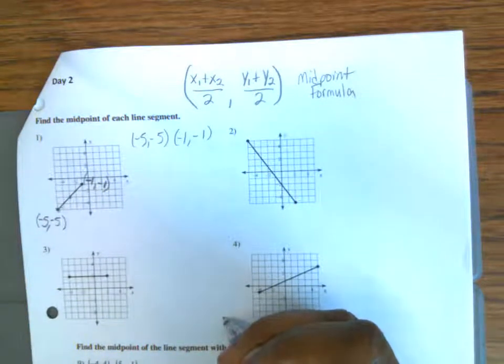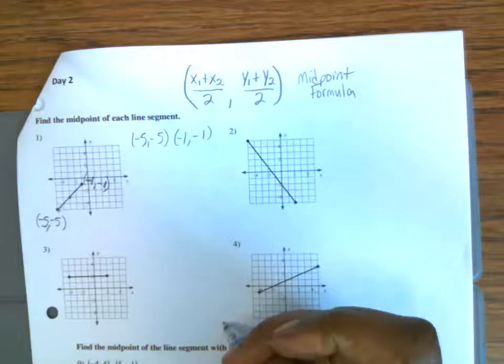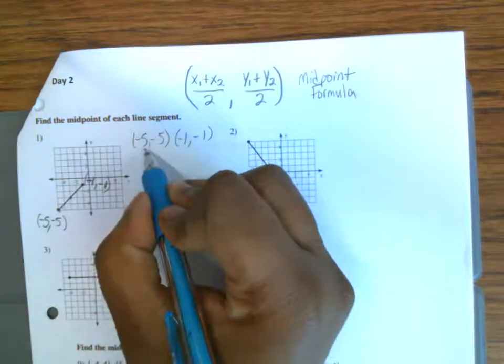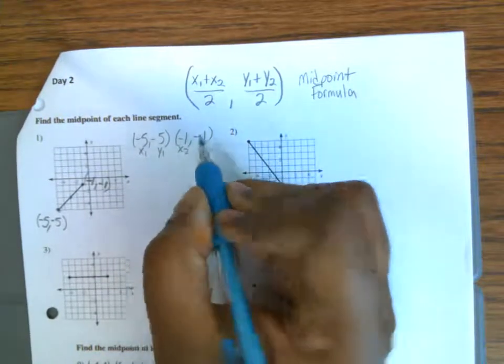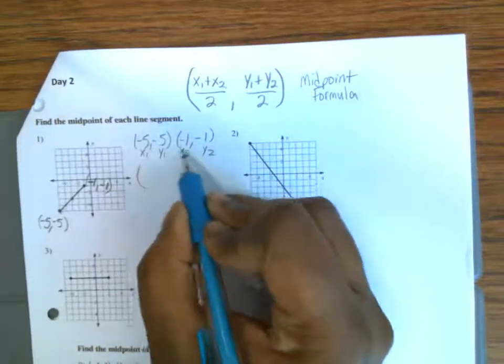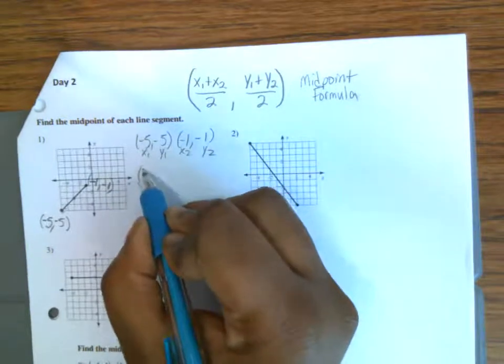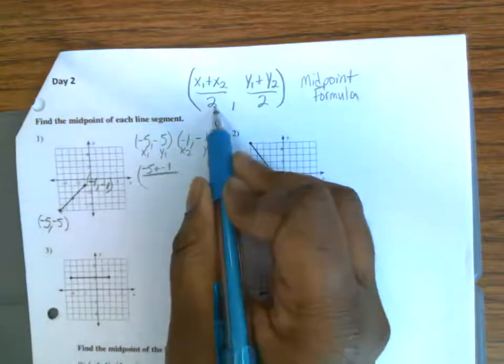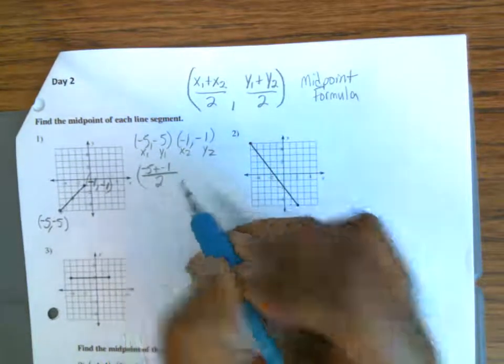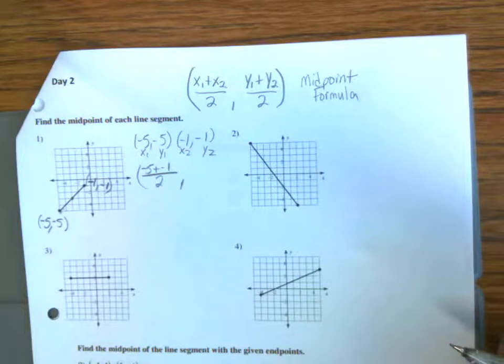Please make sure that you show your work. We're going to add the x's together. This is x1, y1, x2, y2. So let's add the x's together. We got -5 plus a -1 divided by 2. That gives you your x coordinate.